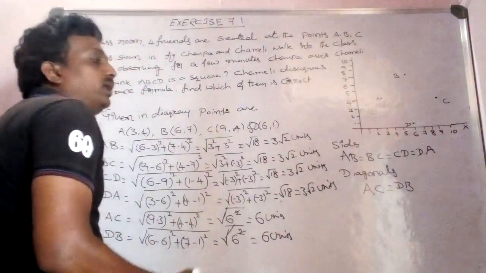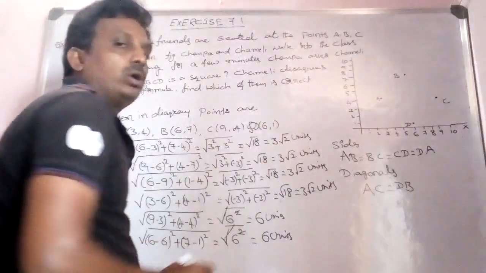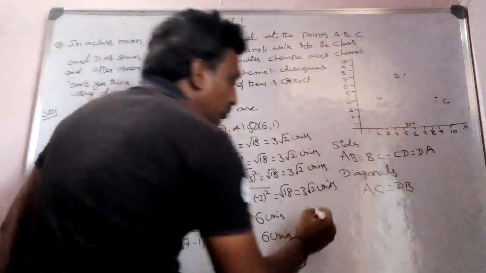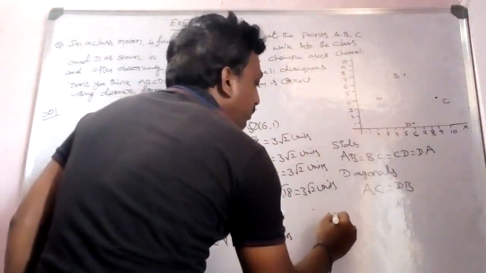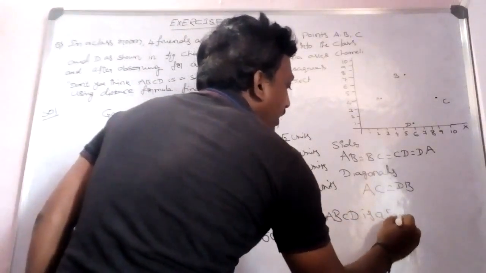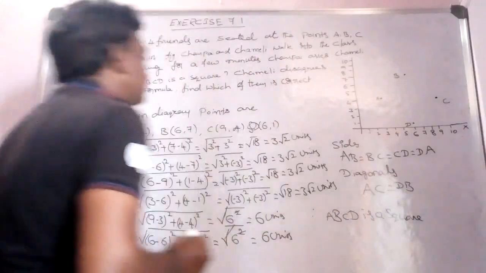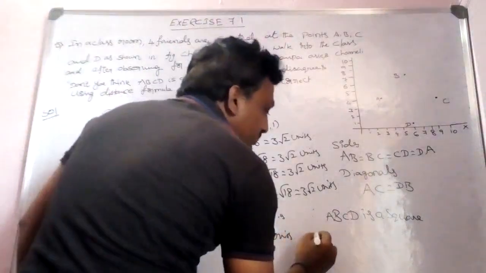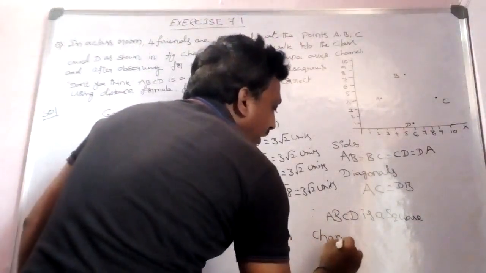All sides are equal, diagonals are also equal. So therefore ABCD is a square. Who is correct? Champa is correct.